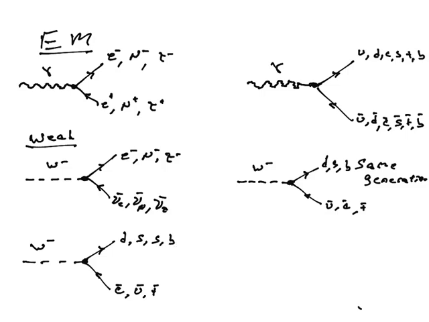Or you could have a bottom. The bottom can go to an anti-charmed. Right? So this is one cross generation. This is suppressed, so it's less likely. So favored, suppressed.